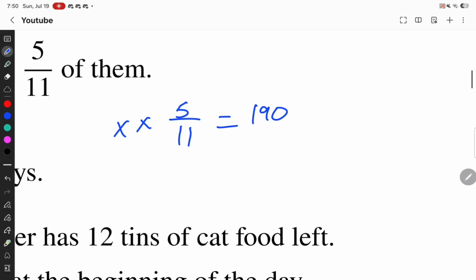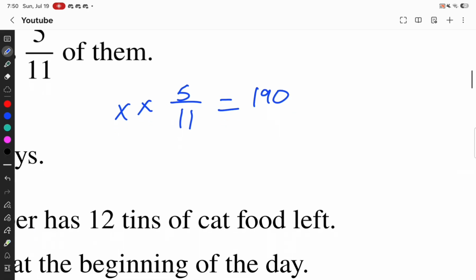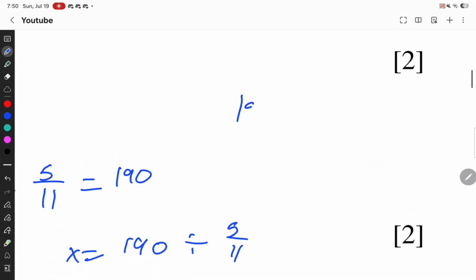So how many did he buy? We divide by 5/11 on both sides. X equals 190 divided by 5/11. So let's do this. 190 times 11 over 5. You can simplify this. You guys can do it mentally. 190.